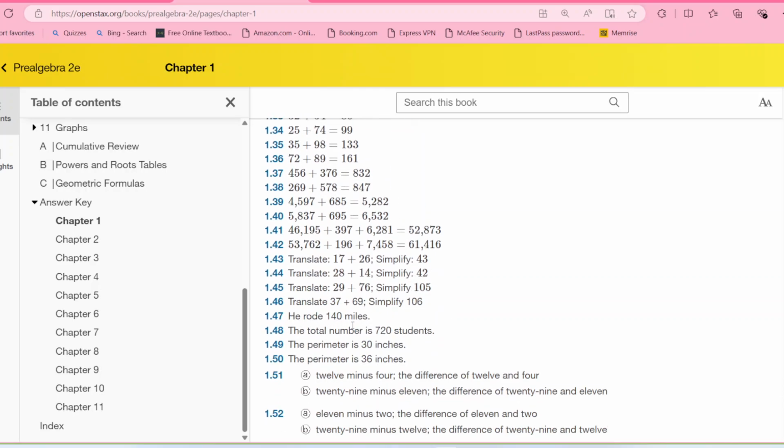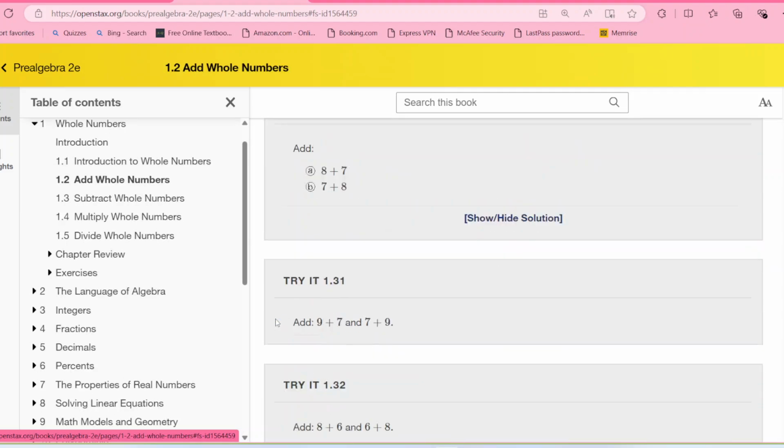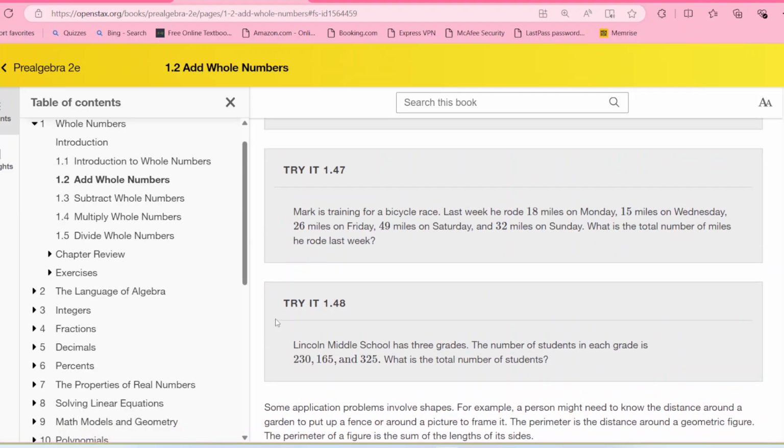He rode 140 miles. I wrote last week because that was part of the question, but that is a complete sentence. He rode 140 miles. And that's exactly what I had. Excellent. Then you can click on the number. In the answer key, it takes you right back to the reading. All right, great.